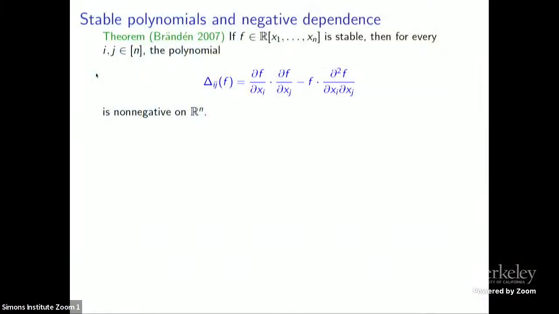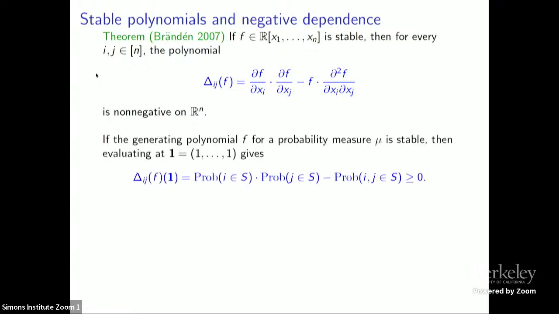So just as an example, I can sneak some math in. One of the properties of stable polynomials is that a certain other polynomial that one can get from applying differential operators is non-negative.